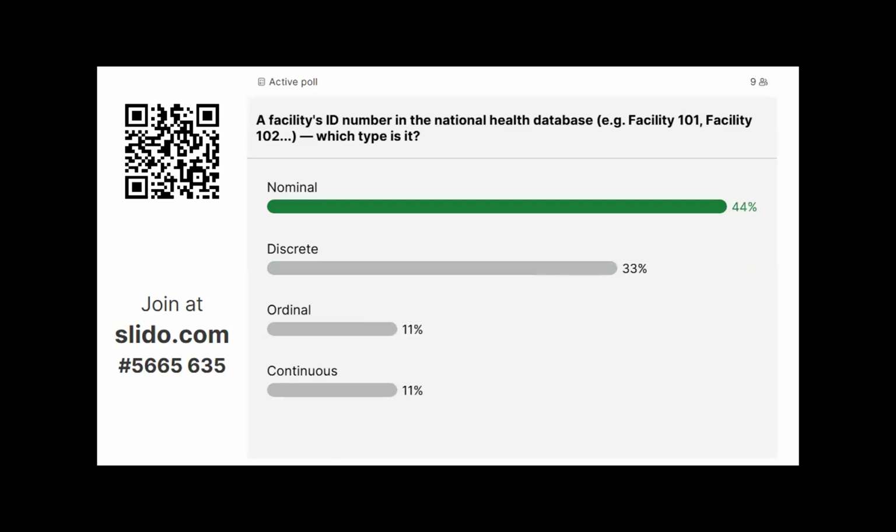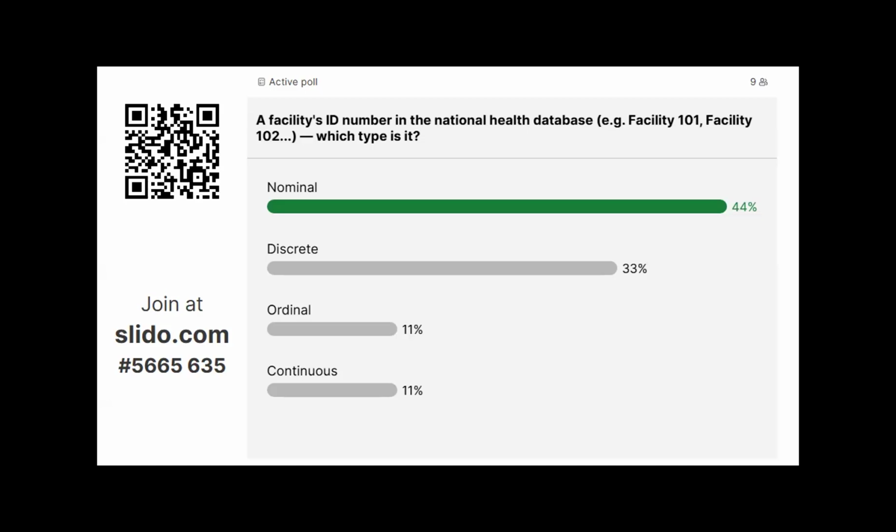Hello. Yep. I personally said discrete, because these are the IDs of the facilities. It's not ranking yet. It's just to show that this is ID number 1, ID number 2, ID number 3.